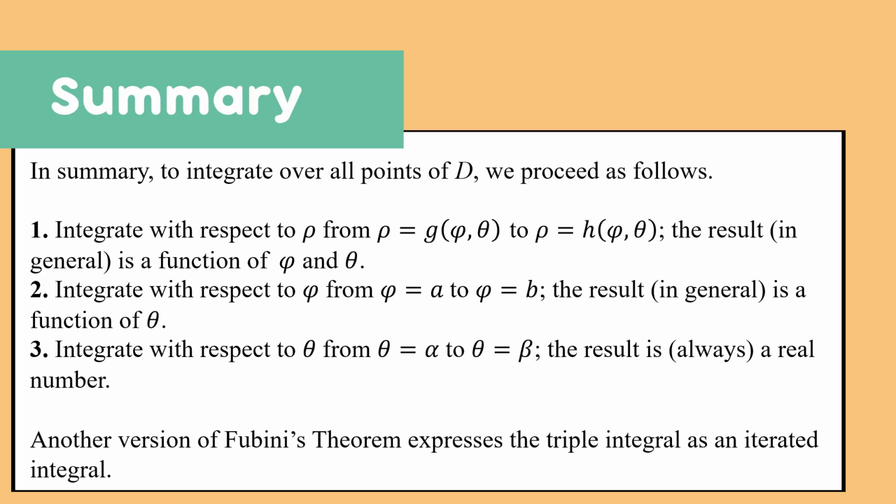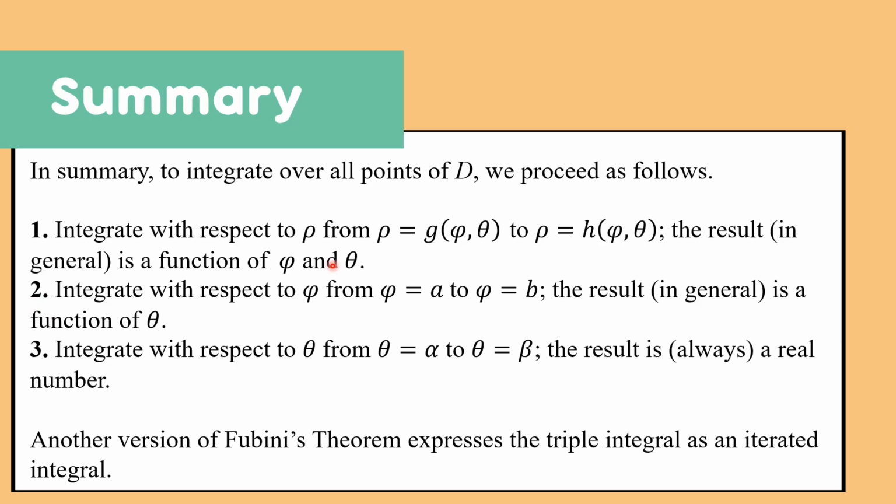To put it simply and summarize the procedure for this triple integral in spherical coordinates, to integrate over all points of D we proceed as follows. First, we integrate with respect to rho from rho equals g of phi and theta to rho equals h of phi and theta. The result in general is a function of phi and theta.